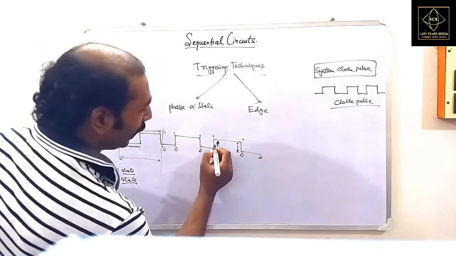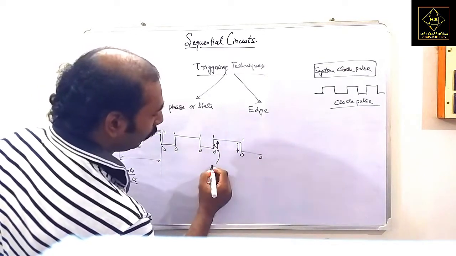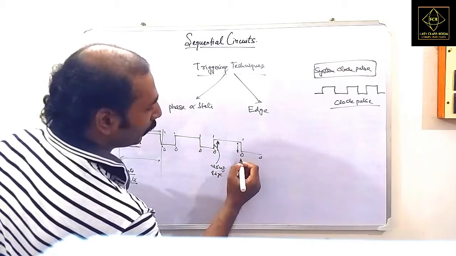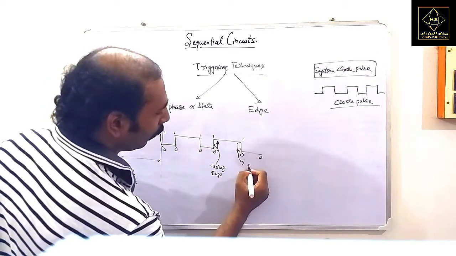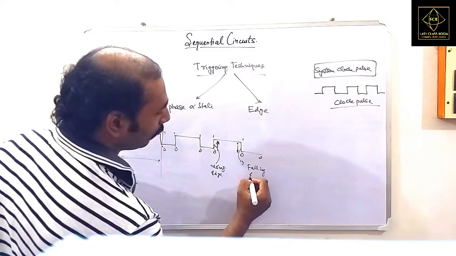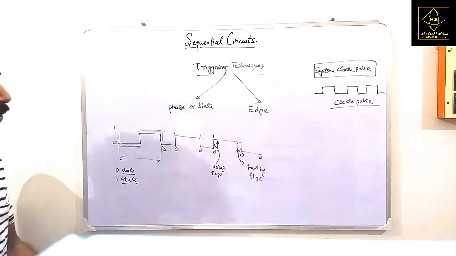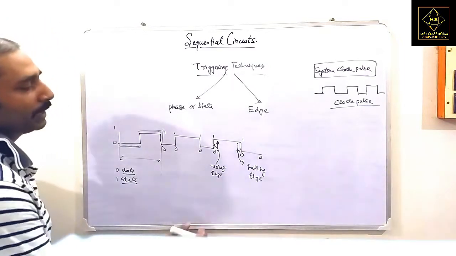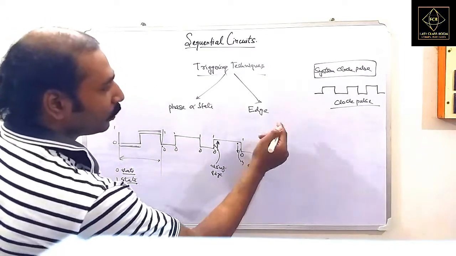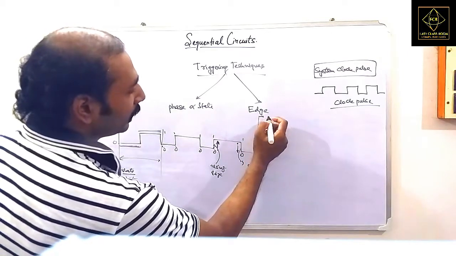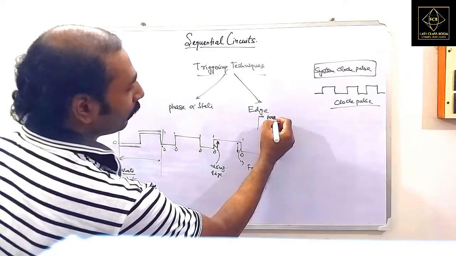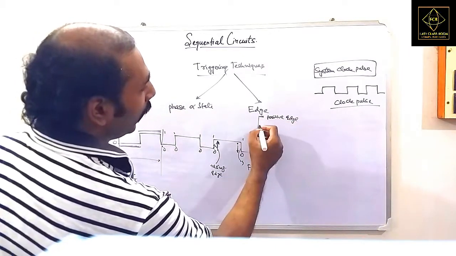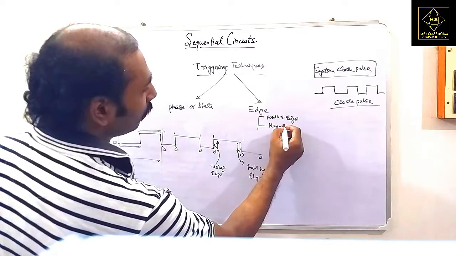So we say this is the rising edge and this is the falling edge. Technically, we have these two edges: in technical terms, this is the positive edge and this is the negative edge.